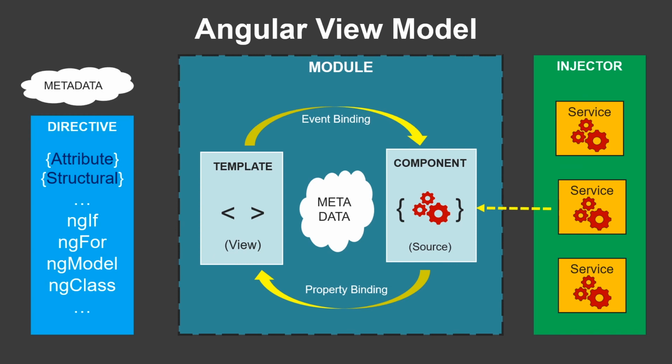These are mainly called Angular directives, and there are two types, attribute and structural directives. Things like ngIf, ngFor, ngModel, and ngClass, and many others as well. These are special directives that allow you to perform some really simple expressions or decision making in the template view side, because you cannot write source code in the template.